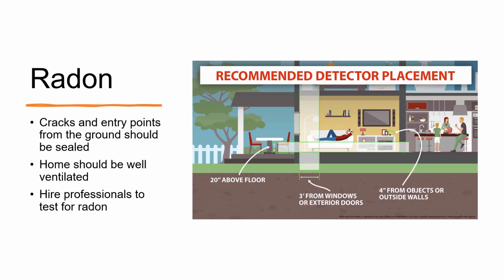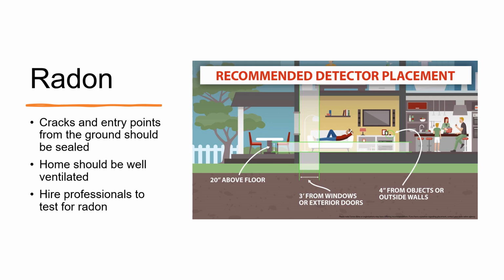To best control for radon exposure, you should ensure that any cracks and entry points from the ground are sealed, and also that your home is well ventilated so that if radon does enter your home, it does not become trapped inside your home. And again, you can hire professionals to test for radon and help with the mitigation process.